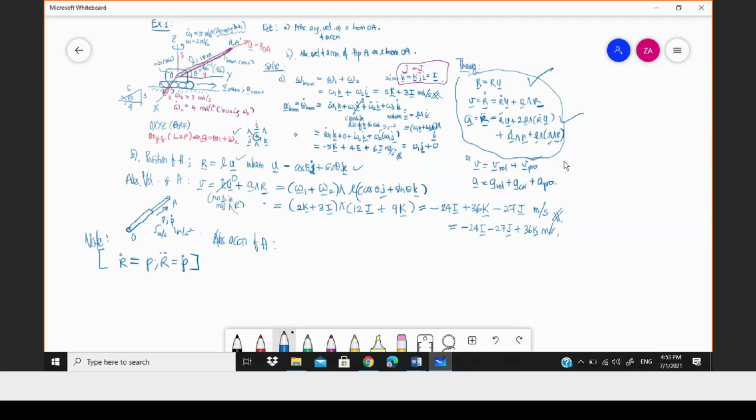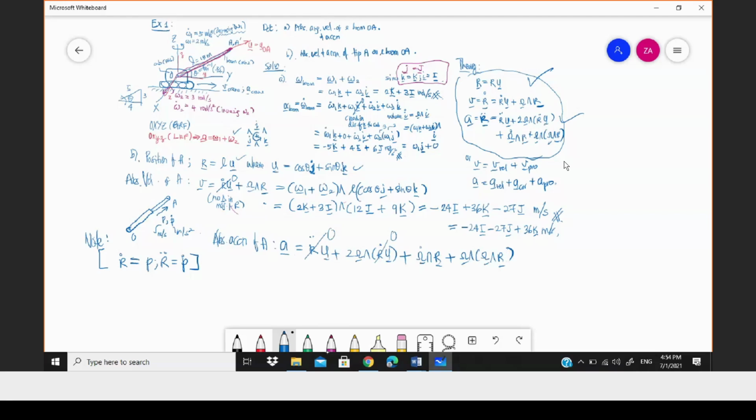We're going to write A is equal to, I just copy that down, R double dot U plus 2 omega cross R dot U plus omega dot cross with R plus omega cross omega cross R. In our present case, this is equal to 0, and this is equal to 0. So there is no Coriolis acceleration here.